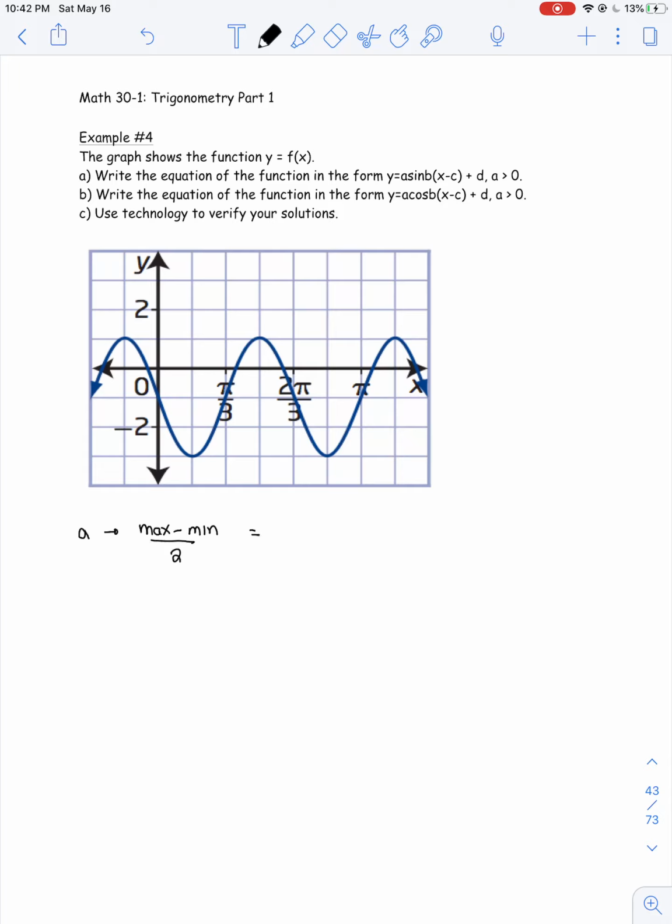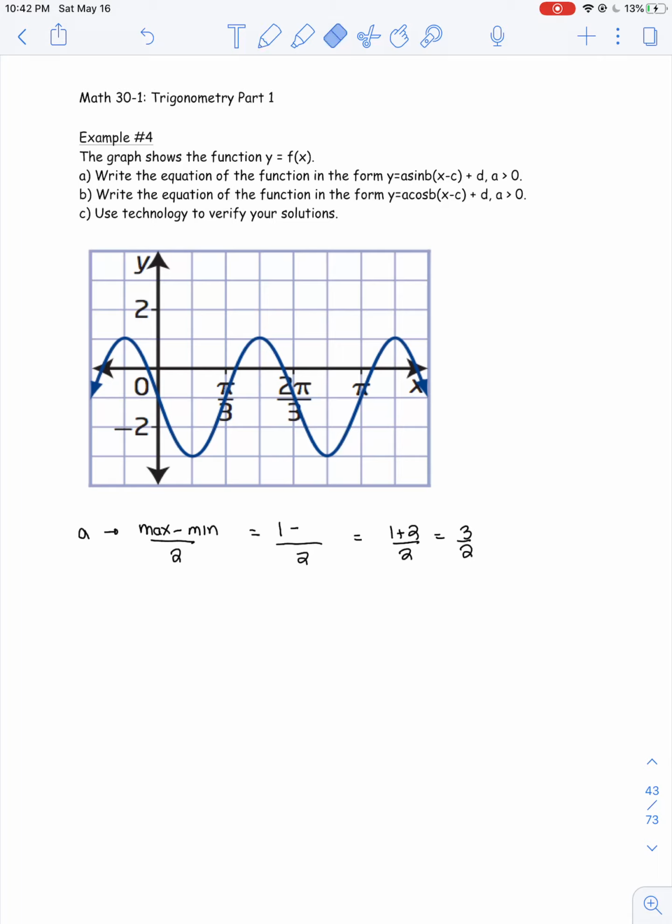So our maximum value is 1 minus our minimum value, and we're dividing that by 2. Oops. Sorry, guys. I'm just going to fix this.